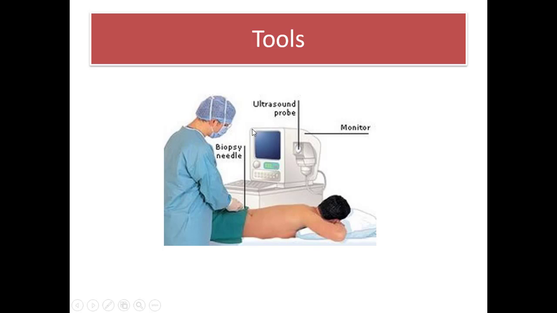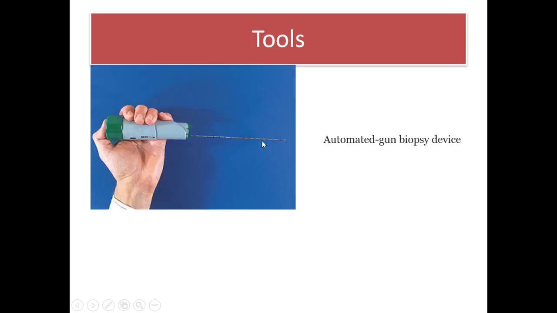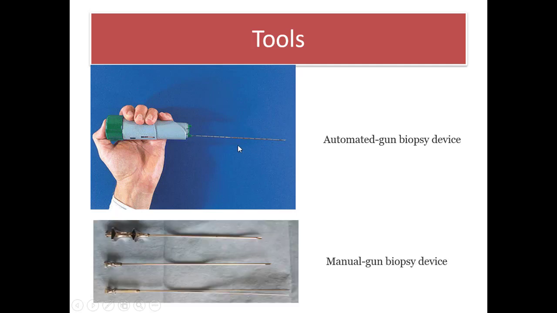I should have an ultrasound probe and monitor to determine the site of the kidney, and then the biopsy needle, and this is the automated gun biopsy device. I will combine with this a video of the kidney biopsy procedure itself to be more logical.